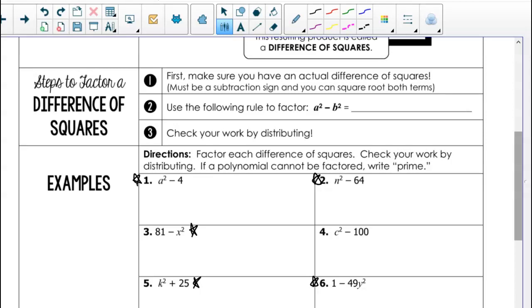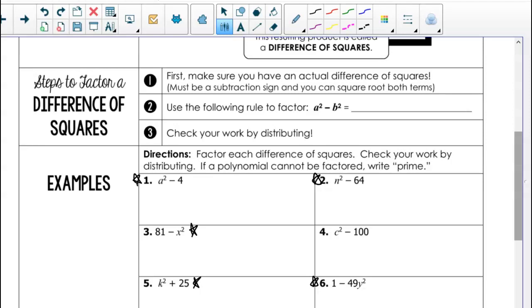In this video, we're going to be talking about how to factor using difference of squares, or when to recognize difference of squares. So first, going over the steps, we need to make sure we have an actual difference of squares, meaning we need to have two terms and we need to have a subtraction sign.